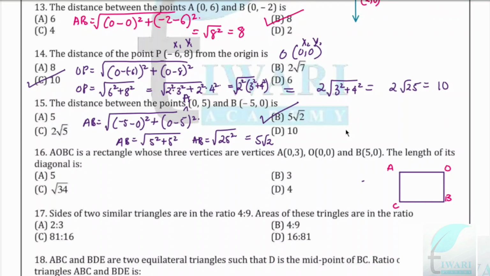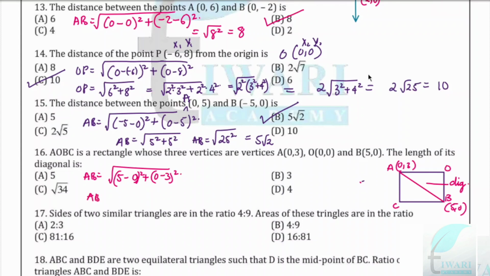So the diagonal here will be AB. AB is the diagonal. So the length of AB will be, what is point A, that is (0, 3) and B is (5, 0). So the length of AB, that means the length of the diagonal, will be under root (5 minus 0) whole square plus (0 minus 3) whole square.